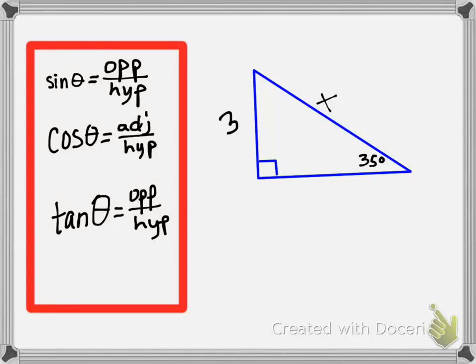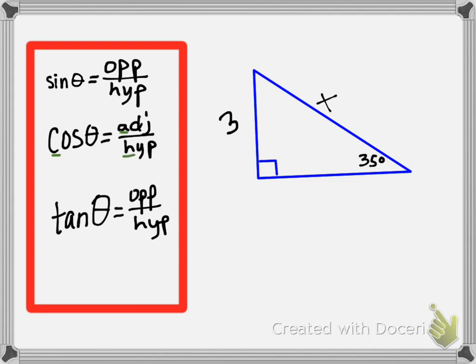Just wanted to go over some of the things that we've been learning in class and some of our trig basics, which are sine, cosine, and tangent ratios, which we've simplified with the word SOHCAHTOA. We're just taking the first letter off of the ratios, and you can see the sine is equal to the opposite divided by the hypotenuse, and the cosine is equal to the adjacent side over the hypotenuse.